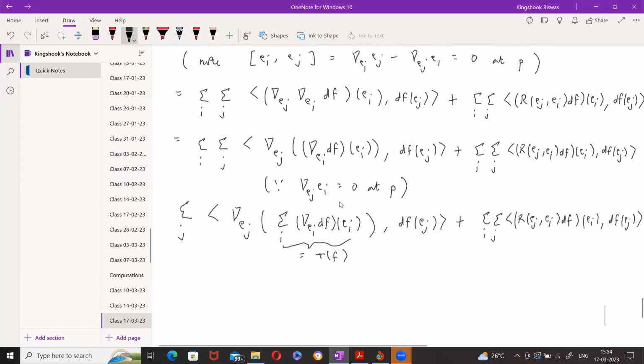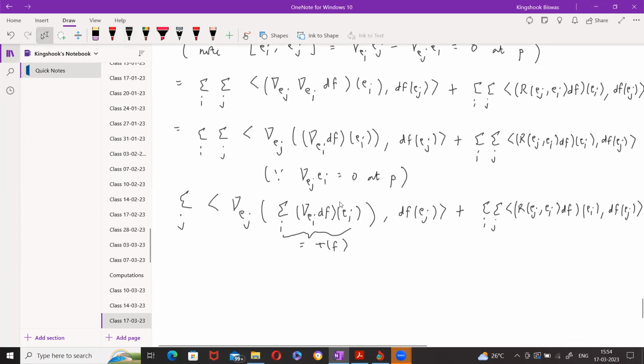And then I'm taking inner product with DF EJ, and then I'm summing over J. So this gives me exactly the first term. This is the inner product of nabla tau F with DF, right? Is that clear? Yes. Okay, and then I have what here?